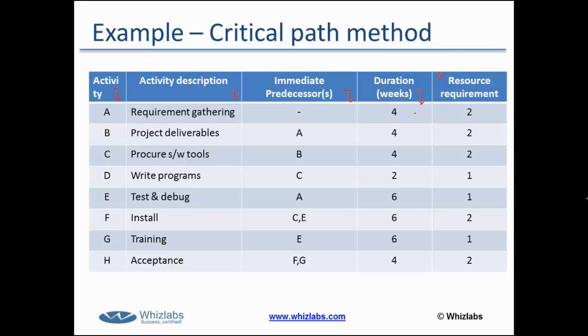Which activity does not have any immediate predecessor activity? That is activity A. So we can say that A is the first activity to start the project, right? As A does not have any immediate predecessor activity, in other words, no activity is happening before activity A, we can say that the project starts with activity A.